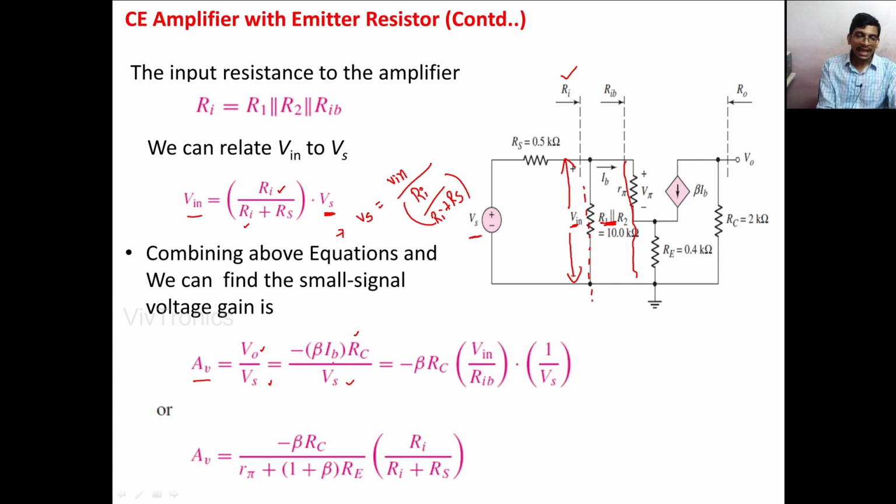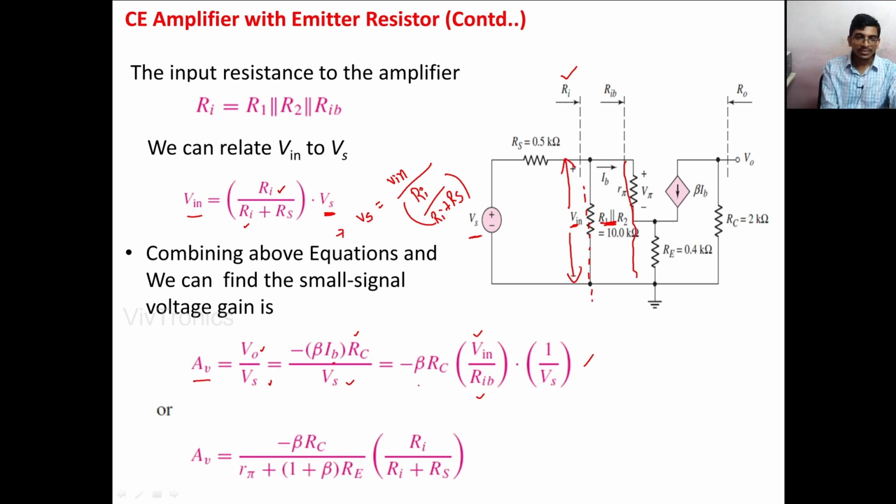We can represent Ib, the base current, as the ratio of the input voltage to input resistance Rib. Therefore beta into Rc into Vin divided by Rib into 1 by Vs is the value of AV.